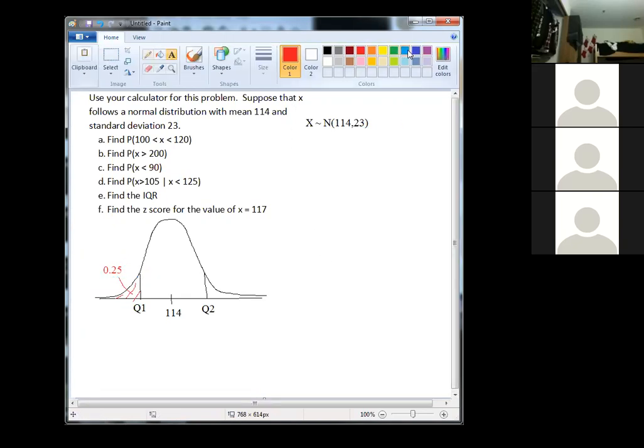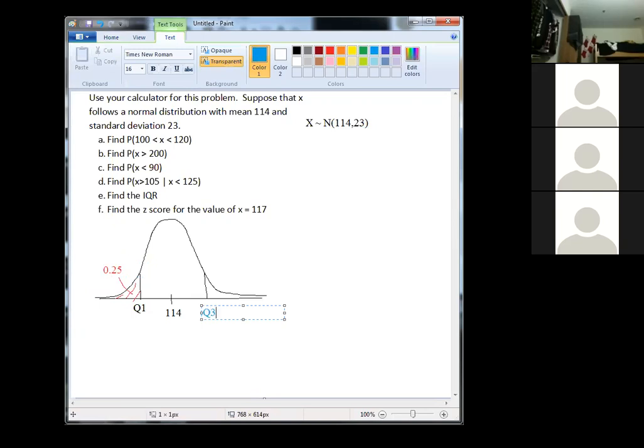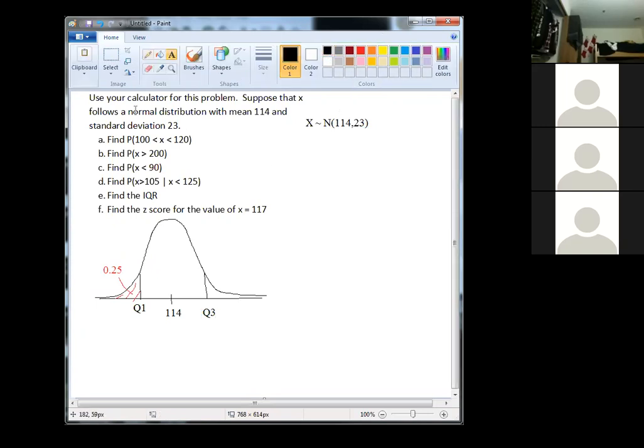And the area to the left of, sorry, not Q2. That's a mistake. Q3, I should say. The area to the left of Q3 is how much? 0.75.